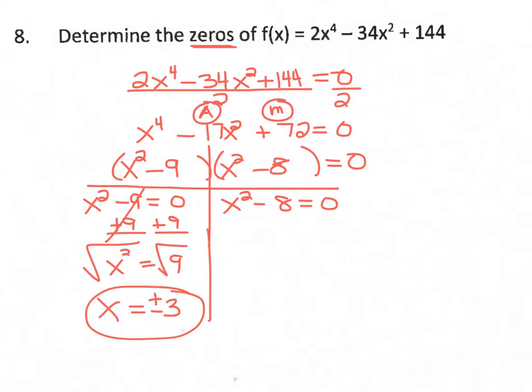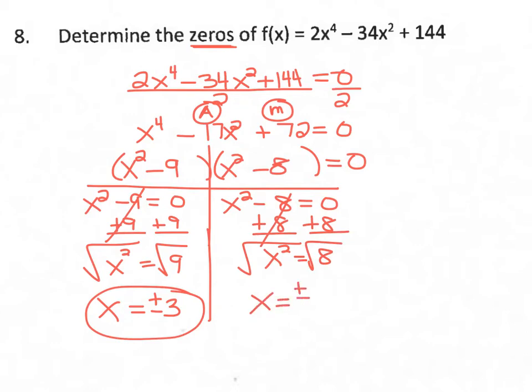All right. Then on the other side of the t-chart, you really just solve it the same way. We're going to add 8 to both sides. And then again, we're going to take the square root. So a square and a square root cancel each other out, leaving you with x. Again, we have plus and minus. Now here's the difference. 8 is not a perfect square. But if you can simplify this radical, you are definitely going to want to do that.